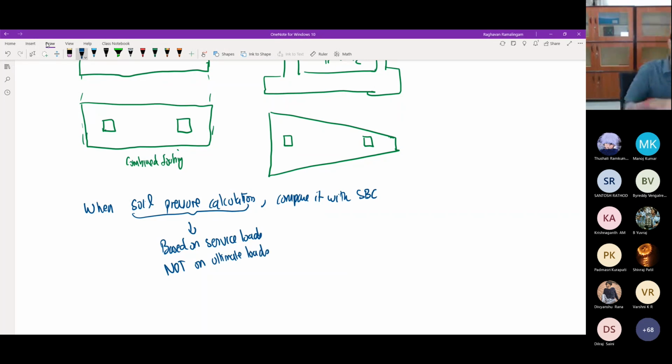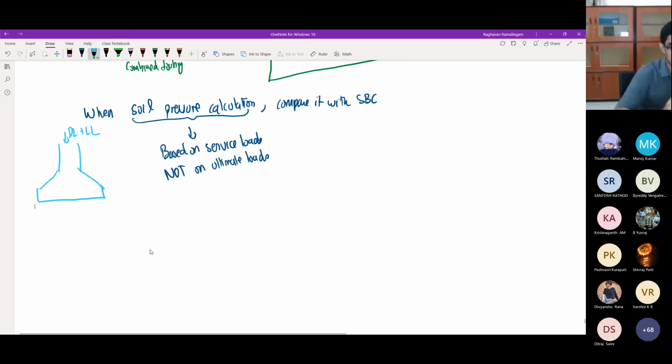If you remember, for doing a design of beam, slab, column, whatever it is, what was the factor that you used to multiply dead load and live load? 1.5. Basically, that is an ultimate load factor. But when calculating a soil pressure, you may say that you have some dead load plus some live load, and you may say that this is some B by L area of footing.